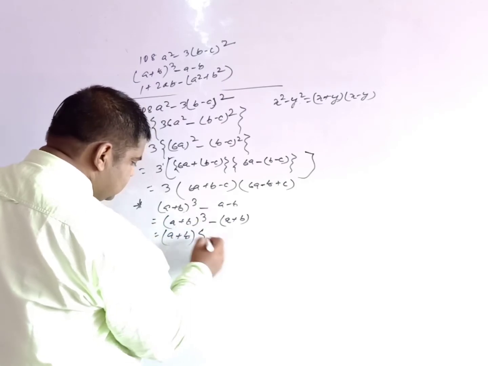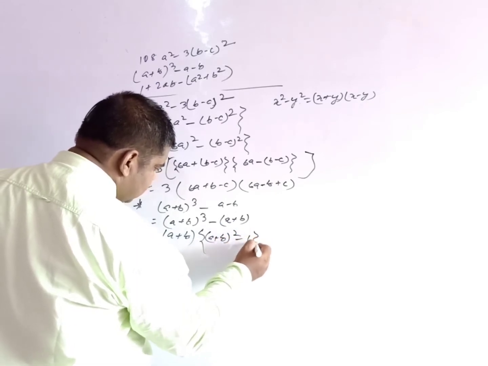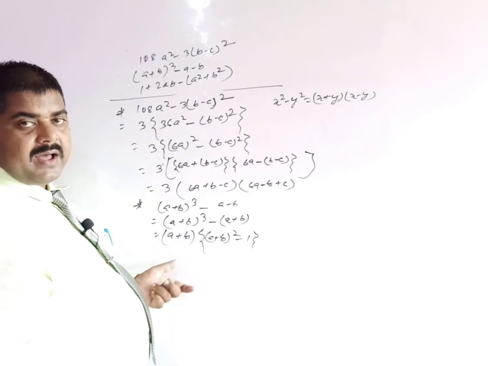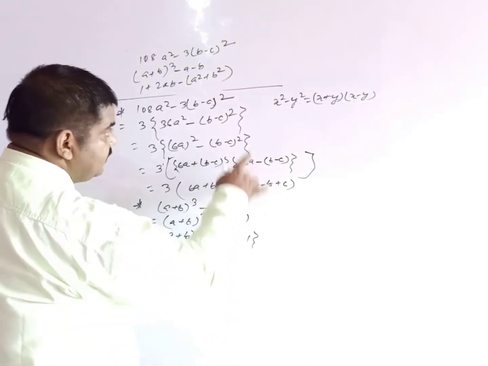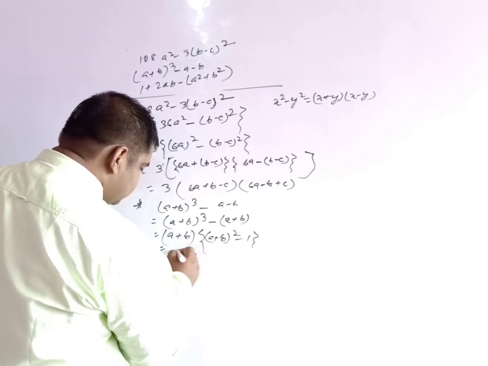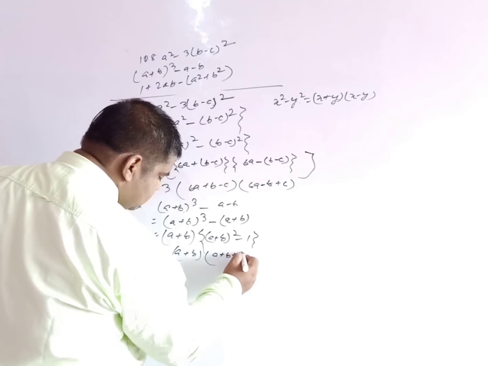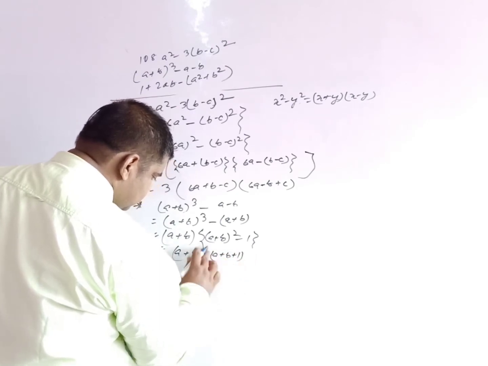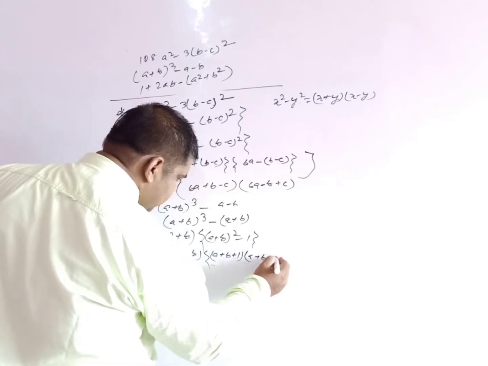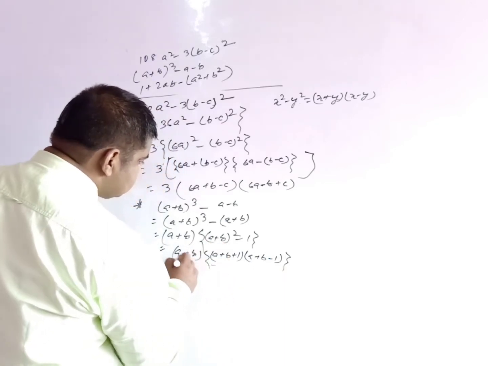What would be left? A plus b whole square minus 1, and as you know that 1 can be written as 1 square, this is why you have to apply the same identity, and that will be a plus b into a plus b plus 1 into a plus b minus 1, and that will be the final result.